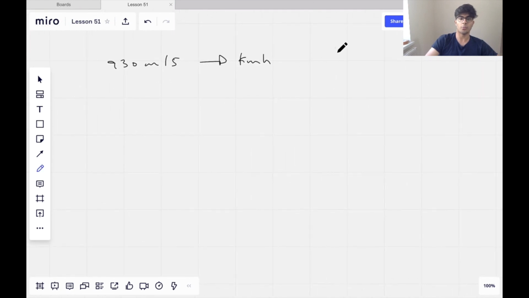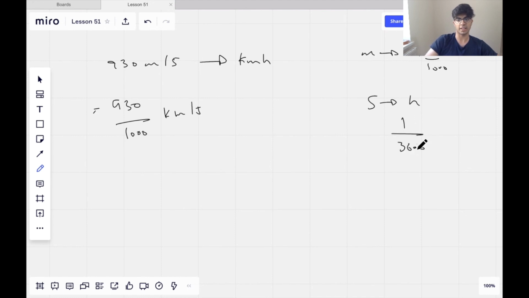To go from meters to kilometers, we divide by 1,000. Since meters is up here, we'll do what we always do. So we do 930 divided by 1,000 kilometers per second. And if we want to go from seconds to hours, we divide by 3,600.